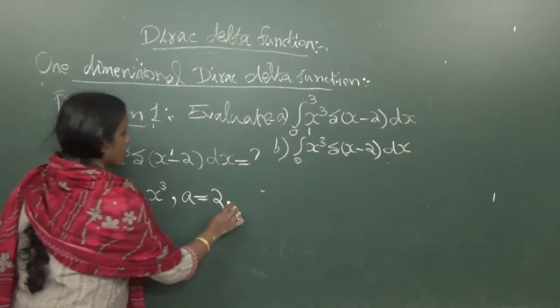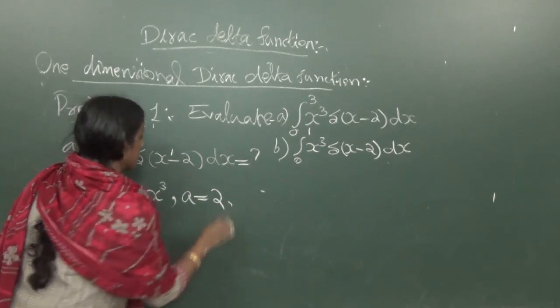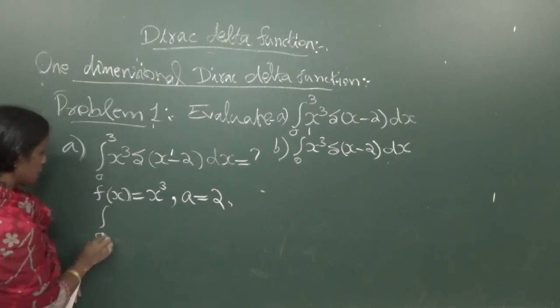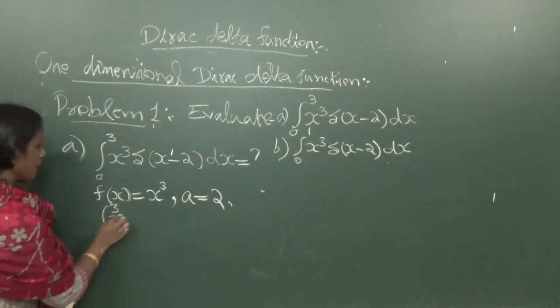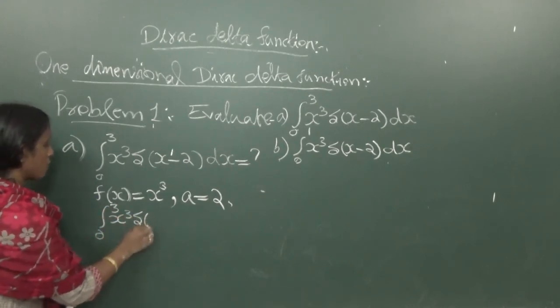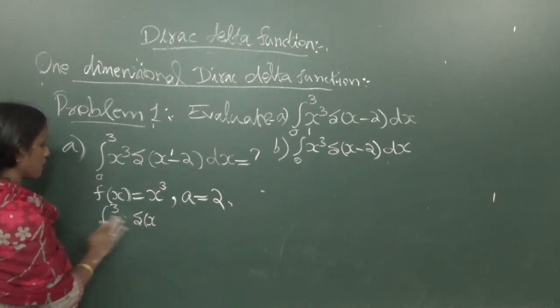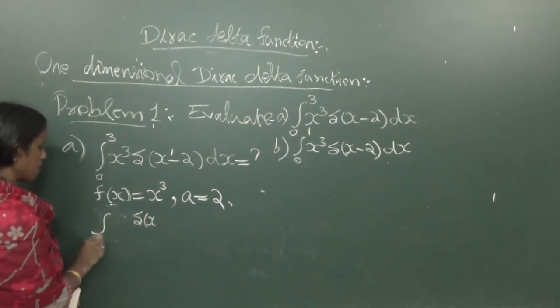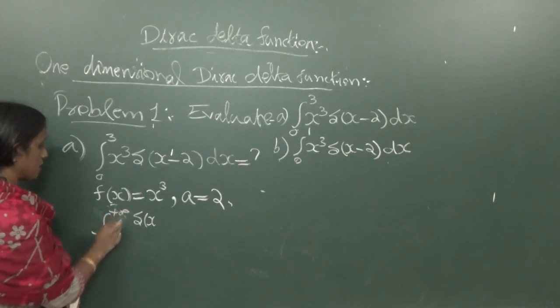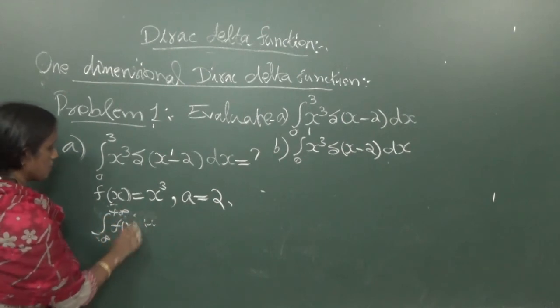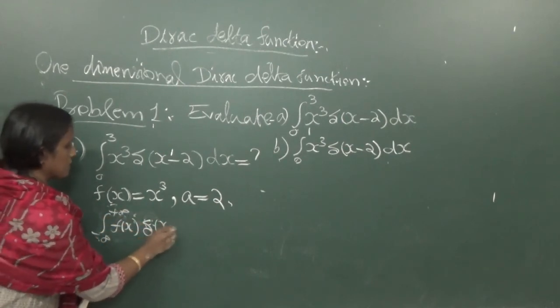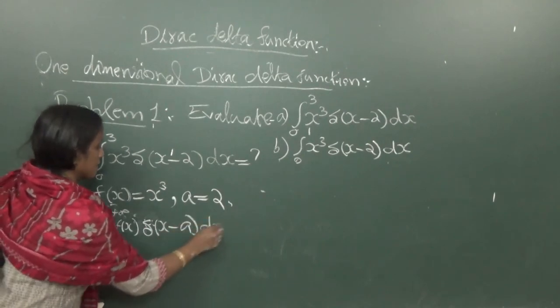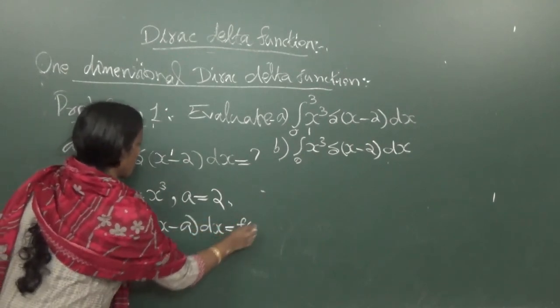So you can utilize the result: integral minus infinity to plus infinity f of x del of x minus a dx equal to f of a.